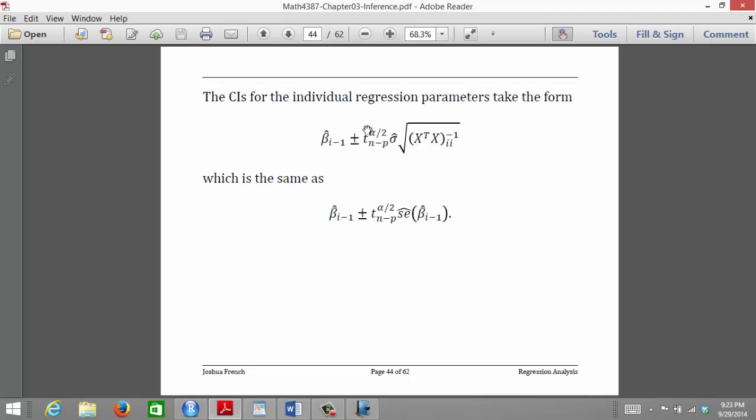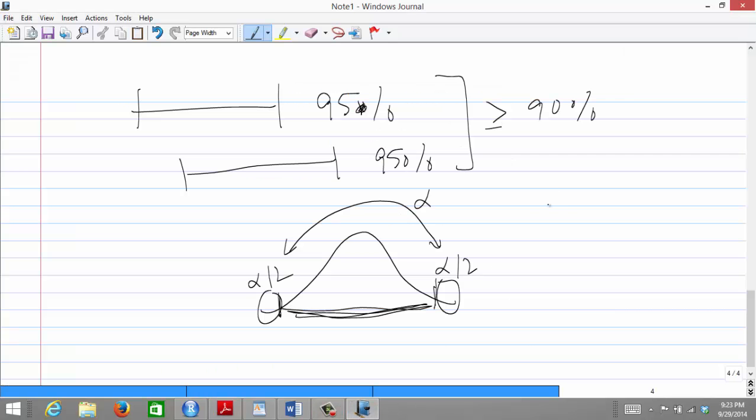So we take the 1 minus alpha over 2 quantile from our t-distribution with n minus p degrees of freedom. We multiply it by this ugly thing right here. This may look confusing, but this is just a formula for the estimated standard error of that particular estimated regression coefficient. If you remember, the variance-covariance matrix of our estimated regression coefficients is sigma squared times (X transpose X) inverse. And so I want the standard error, so I take the square root of that.